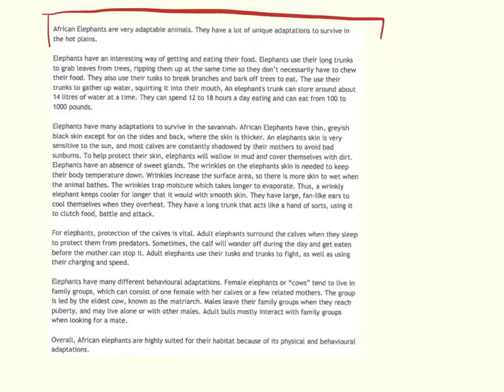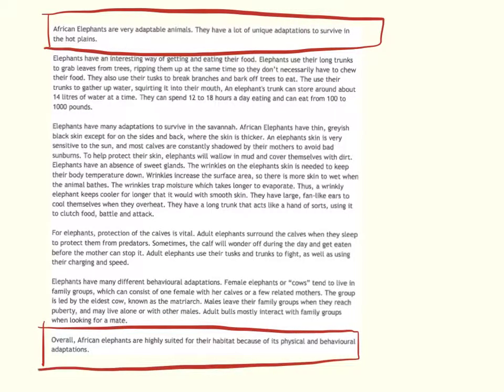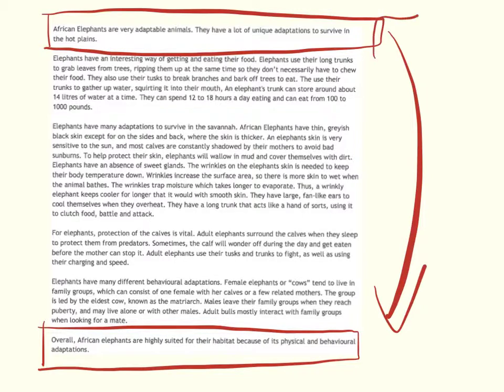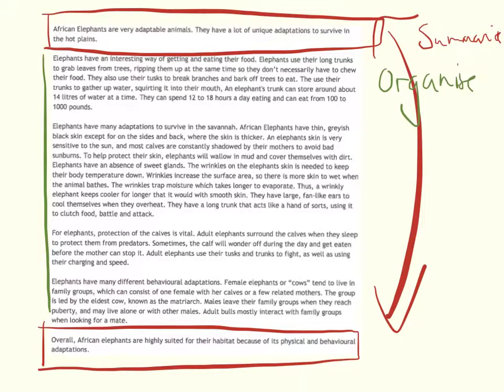You'll notice, for instance, it has an introduction and a conclusion. The purpose of these is to summarize what the text is about, to tell the reader what it's going to be about. You'll notice that it's broken into paragraphs, to organize the thinking, organize ideas.